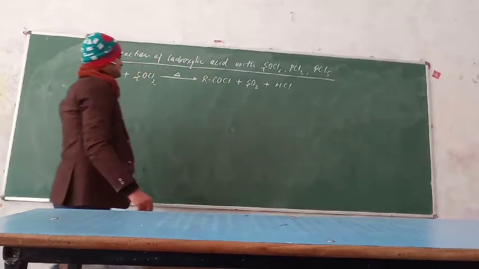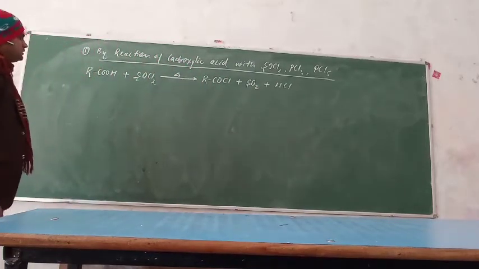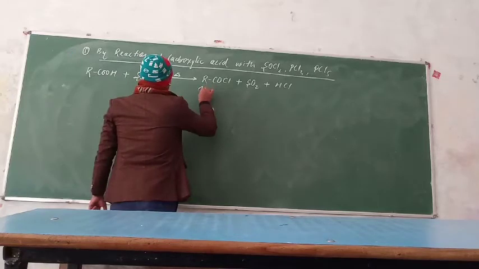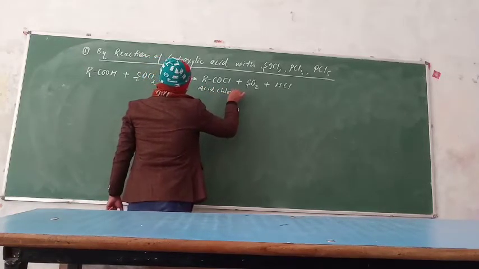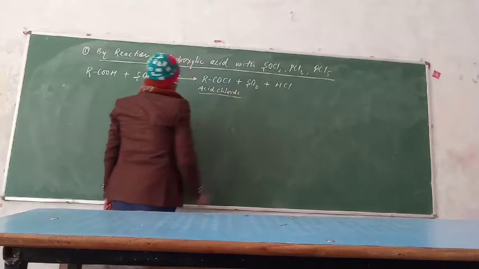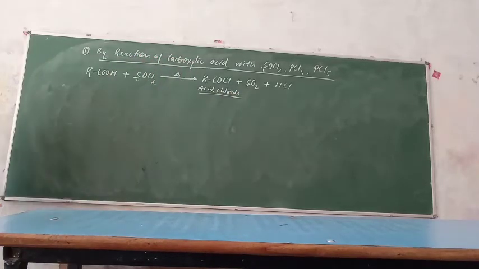Clear? This is the final product, and this is known as acid chloride. This is the acid chloride. Clear?